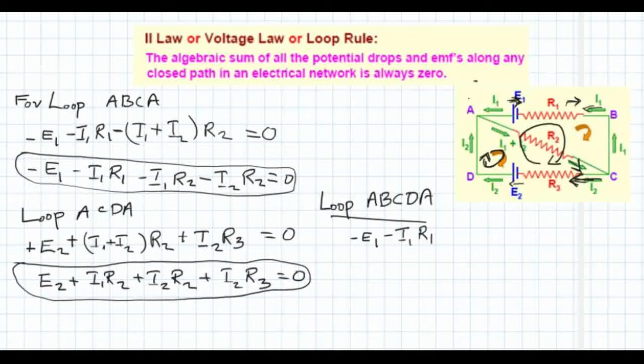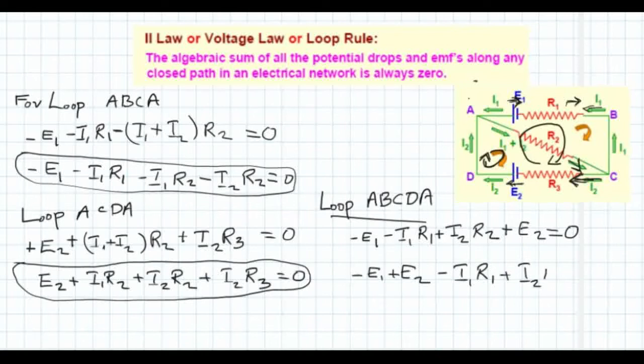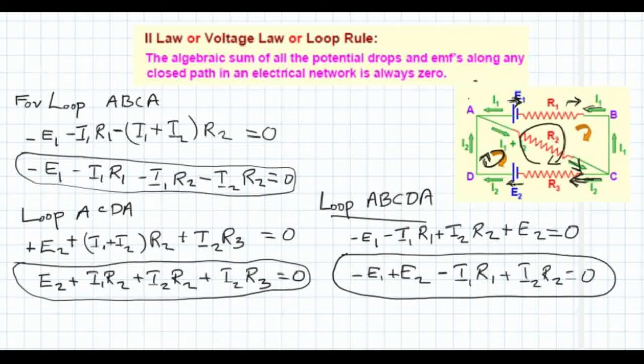That means minus E1 minus I1 R1, then plus I2 R2, then plus E2 is equal to 0. Or we can rearrange this equation as minus E1 plus E2 minus I1 R1 plus I2 R2 is equal to 0. So this is the Kirchhoff's second law equation for the loop ABCDA.